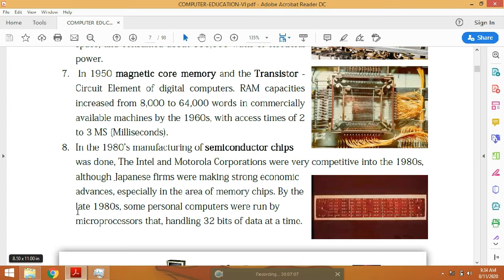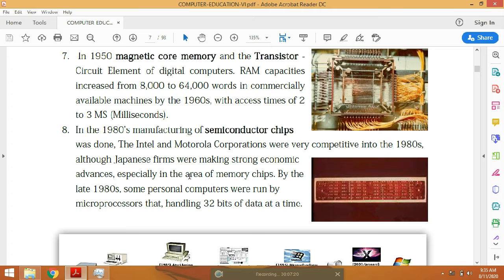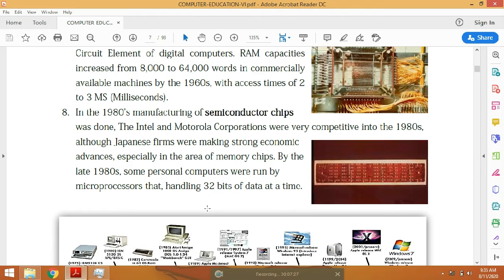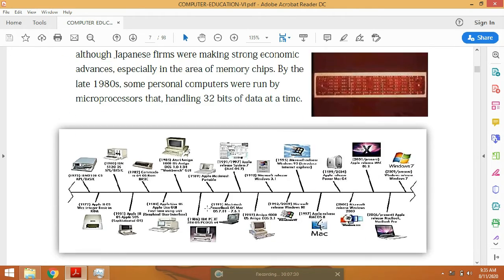Firstly, the computers were used in offices or by the government. For home purposes, they were not available. After building these kinds of chips, the computer system became available in the market for general use. So this is the timeline of how the data is transferred and the different kinds of systems at different times.